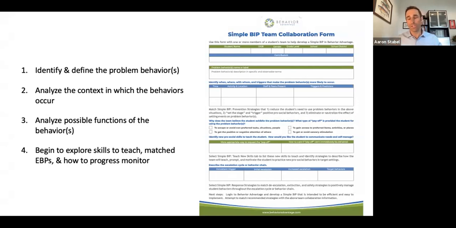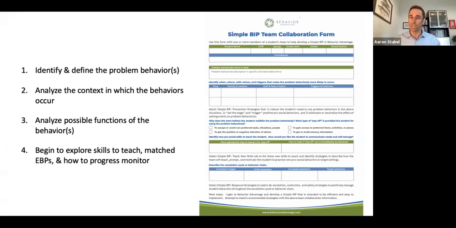So what we're going to start edging into is, more than anything, modeling a process for behavior intervention planning that you could adopt at your school. And it might start with an informal assessment via a PLC meeting or a behavior intervention team meeting or a student study team meeting, where a group of educators and support staff who are familiar with the student conduct an informal assessment.